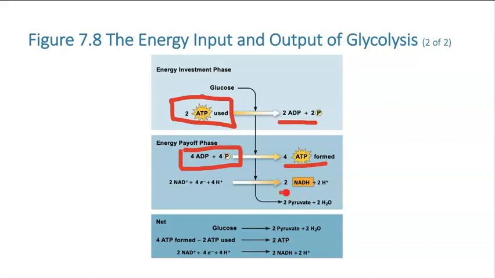We're also going to be harvesting those NADHs as well as our pyruvates and some water. So if we add everything up together, we're going to have 2 pyruvates and 2 waters, 2 total ATPs, because 4 minus 2 is 2, and 2 NADHs plus 2 protons. So keep that in mind as we get into some of these lovely details.